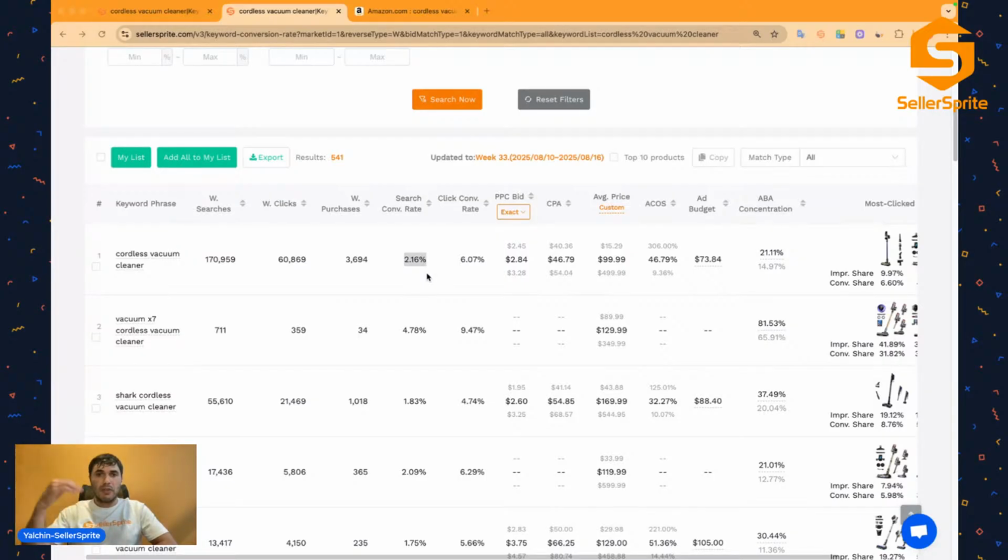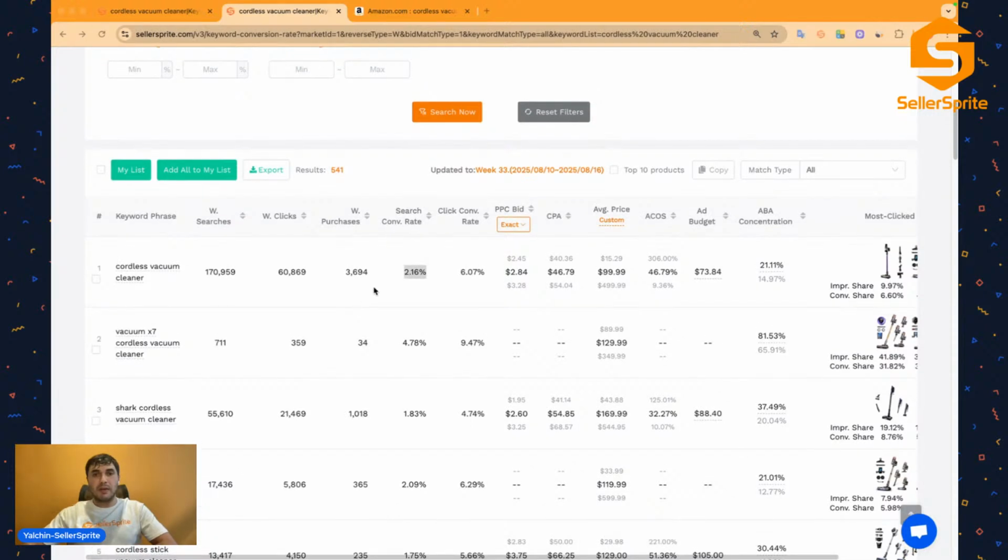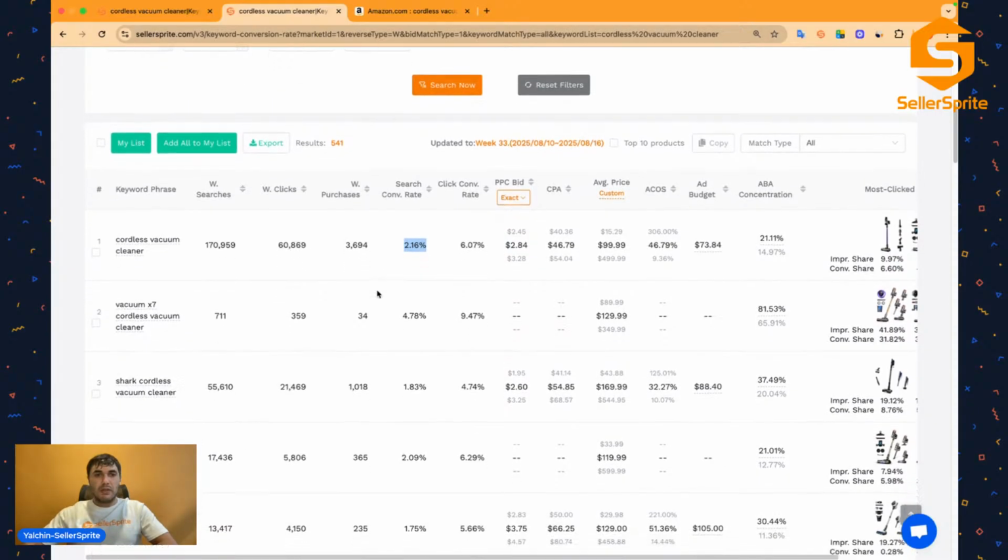But when the product price is high, like maybe around 100 or something like that, then customer is going to check more detail. This is one of the reasons why the conversion rate of cordless vacuum cleaner is less. But some keywords are kind of broad.